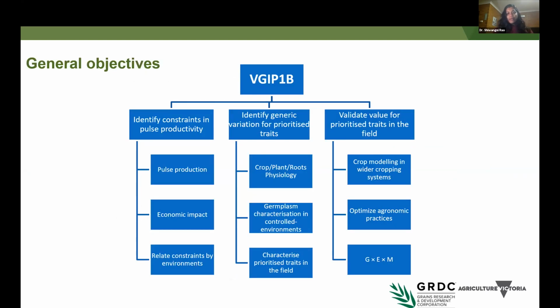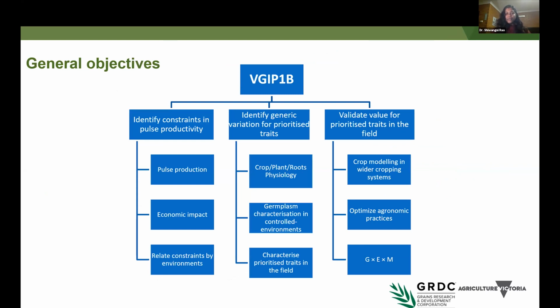The background: my project is basically in three modules. The first one was to identify the constraints that were present in the growing region. From this, we've done a desktop study and produced a publication on the pulse root ideotype.